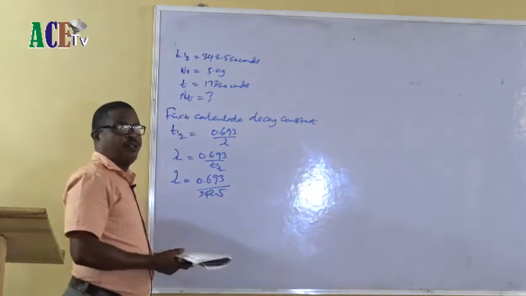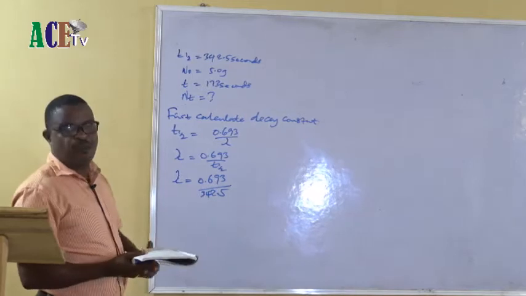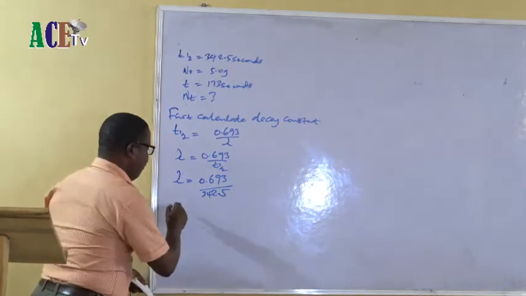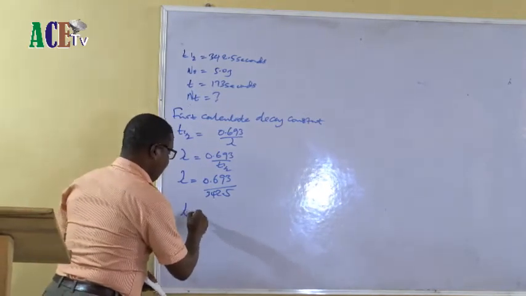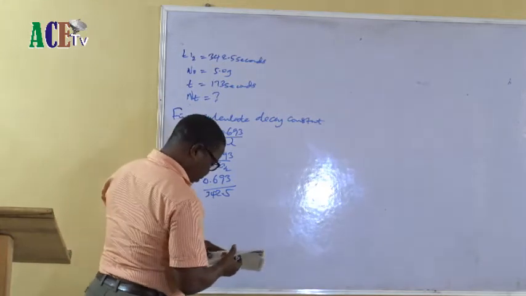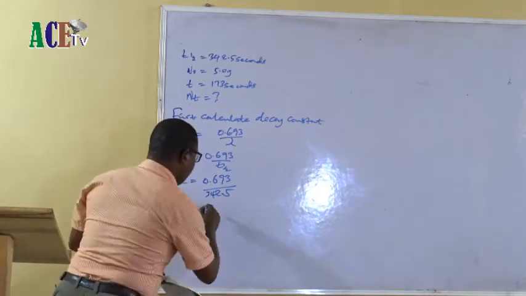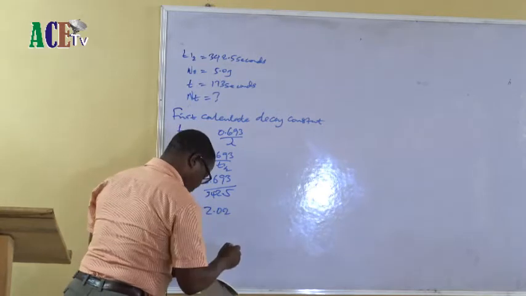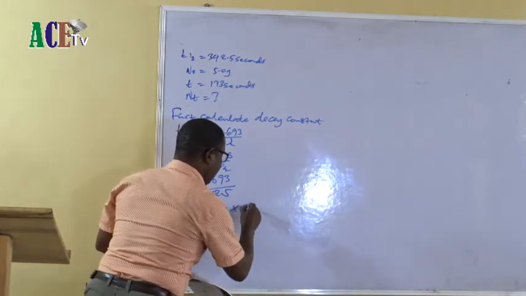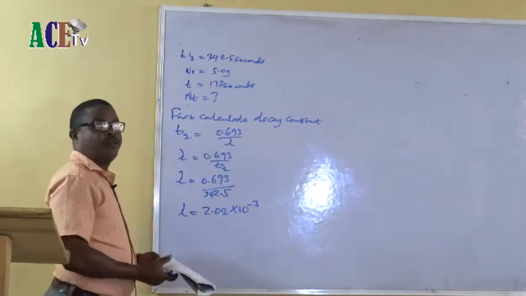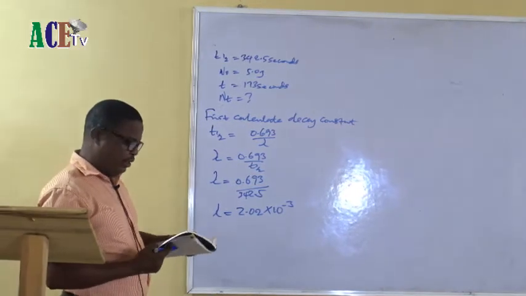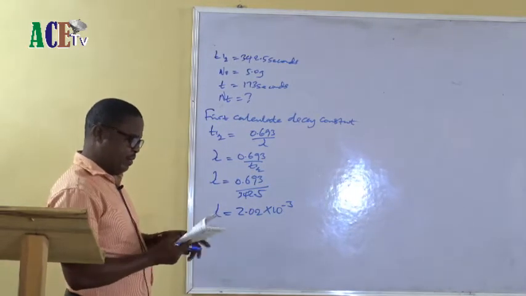So mathematically, if you manipulate this on your calculator, you have your lambda to be equal to 2.02 times 10 raised to power minus 3. That is your lambda there.